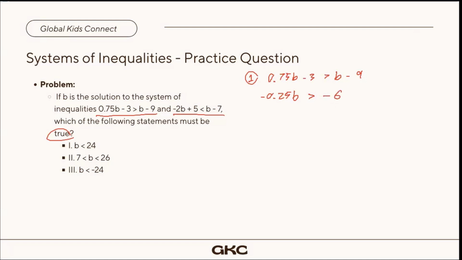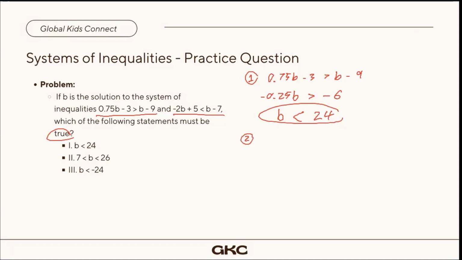From here, we can multiply each side by negative 4 or divide each side by negative 0.25. Both are correct. If we do that, we have b on the left side, we flip the sign of the inequality, and then we get 24 on the right. So this is our first expression.